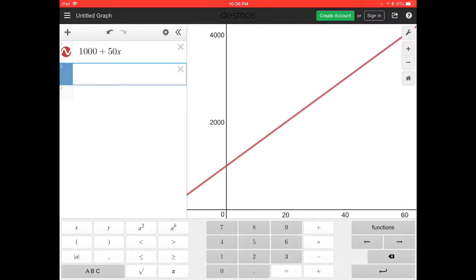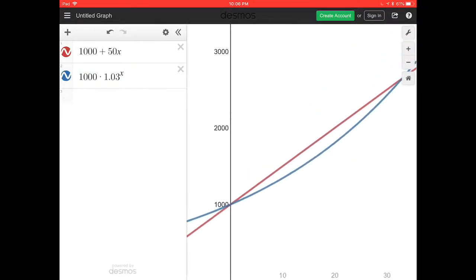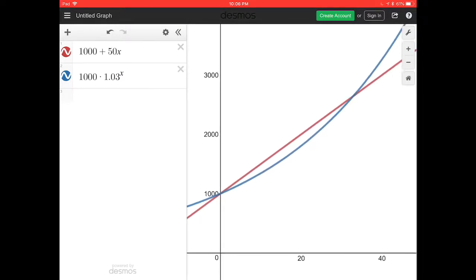And our second function was 1,000 times 1.03 to the power of x. Okay, notice what happens here. After 0 years, they both have $1,000, no return on investment.